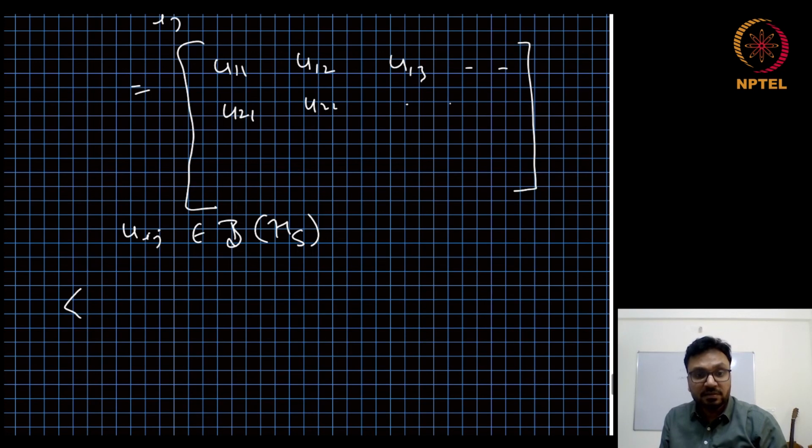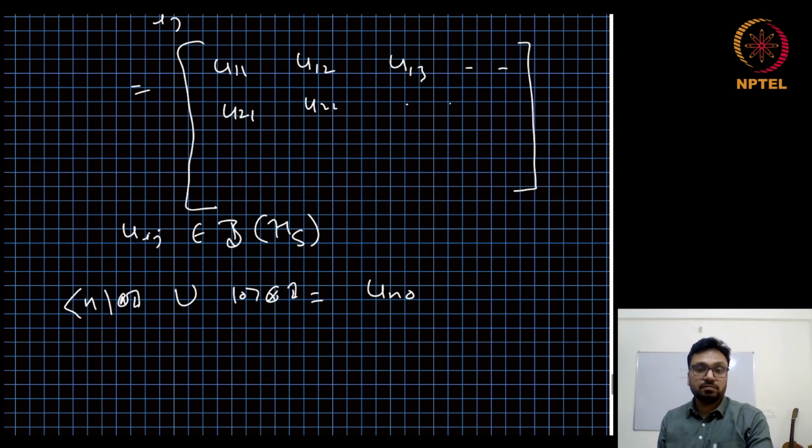So n tensor identity, U, 0 tensor identity is Un0, which is Kn.